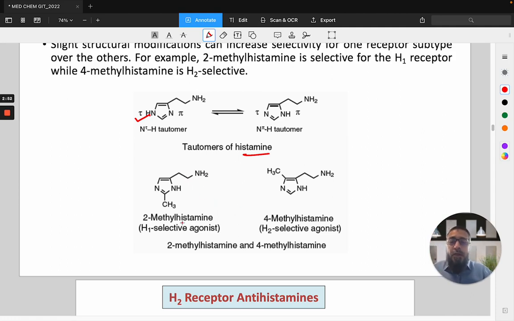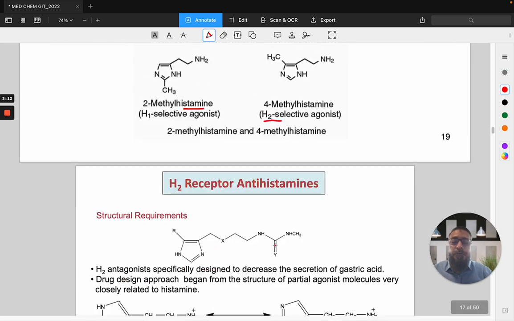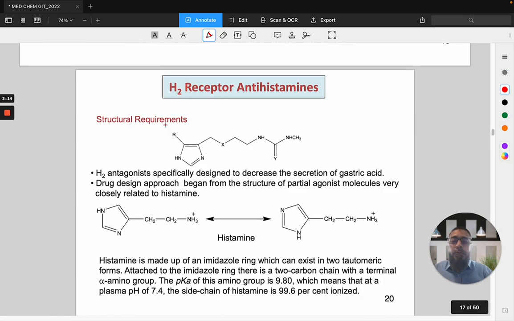You can see this 2-methyl histamine is an H1 selective agonist, and once you substitute it at a different place, it has the ability to selectively bind with the H2 histamine receptor.